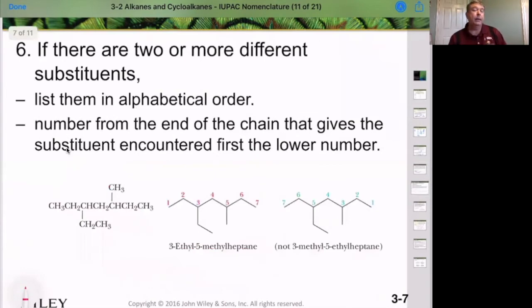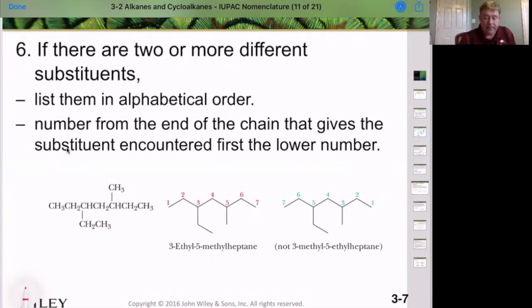So let's add another rule. What if the 2 substituents you have on your parent are not the same? When we have 2 substituents that are not the same, we put the substituents in alphabetical order, not including di, tri, tetra, using the actual group it is, and then you number from the lowest number possible.